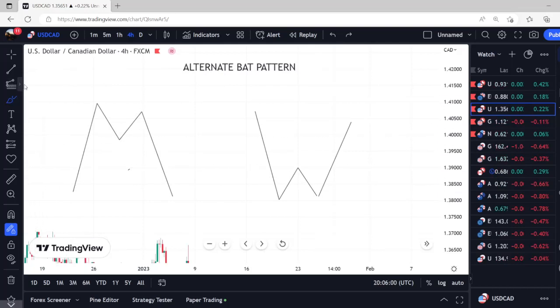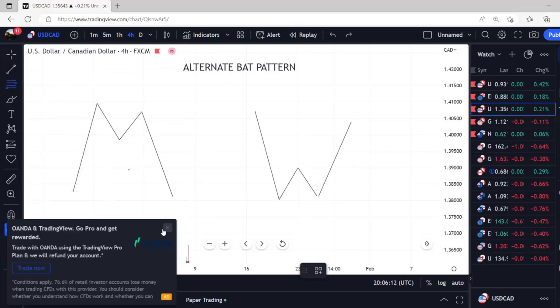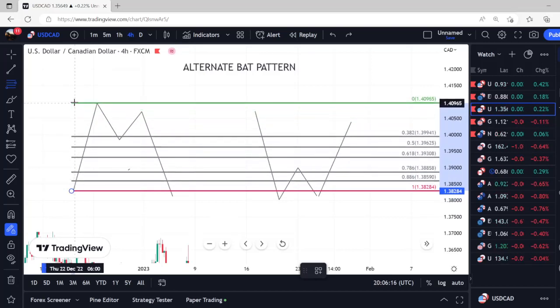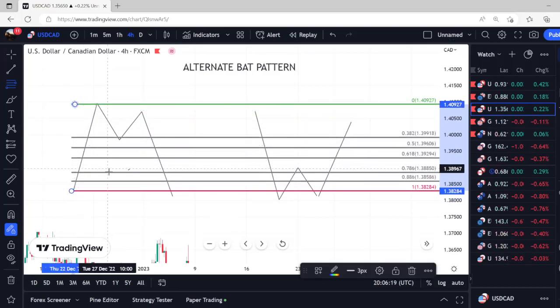So let's say, for example, this is our alternate bat pattern on the chart. You take your fib retracement and measure from your impulsive leg to the upside to where it ended. This retracement right here, this pullback, has to touch 0.382 or minus 3% of that.